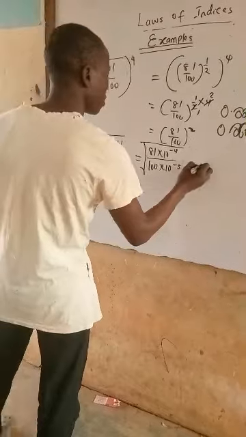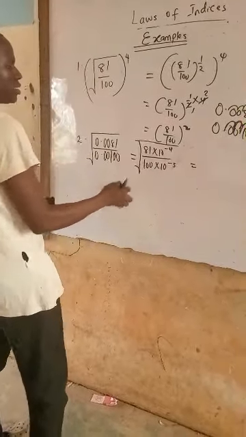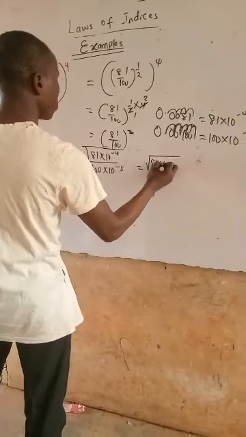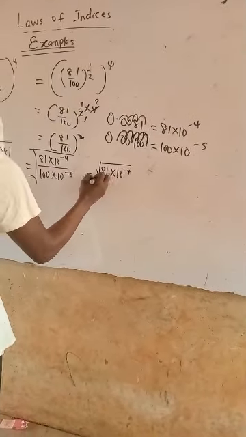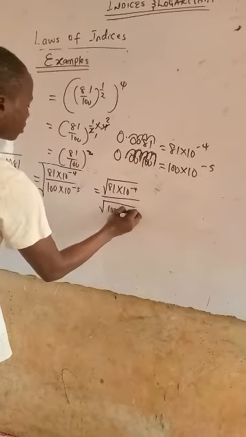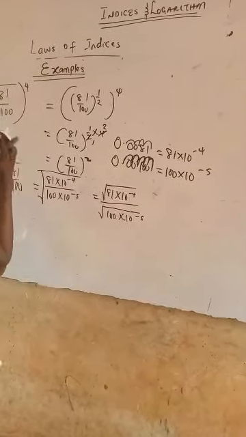Then I can split this. Splitting this, I have square root of 81 multiplied by 10 raised to the power of minus 4 over square root of 100 multiplied by 10 raised to the power of minus 5.